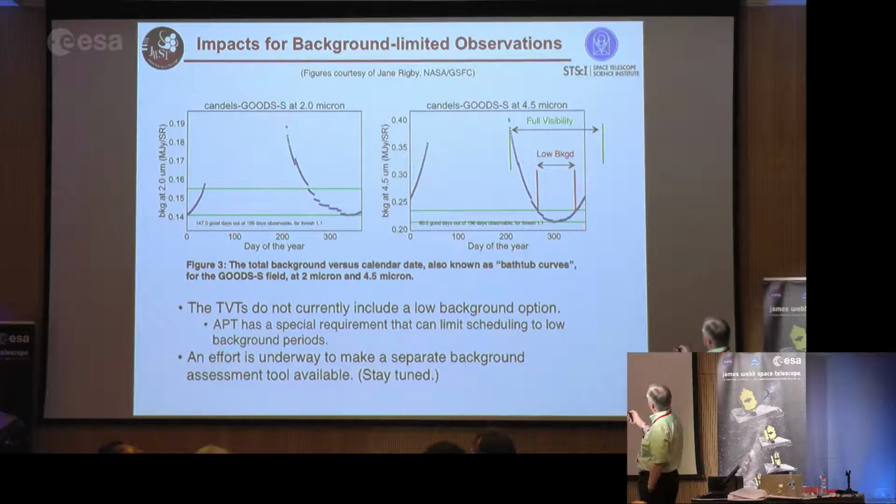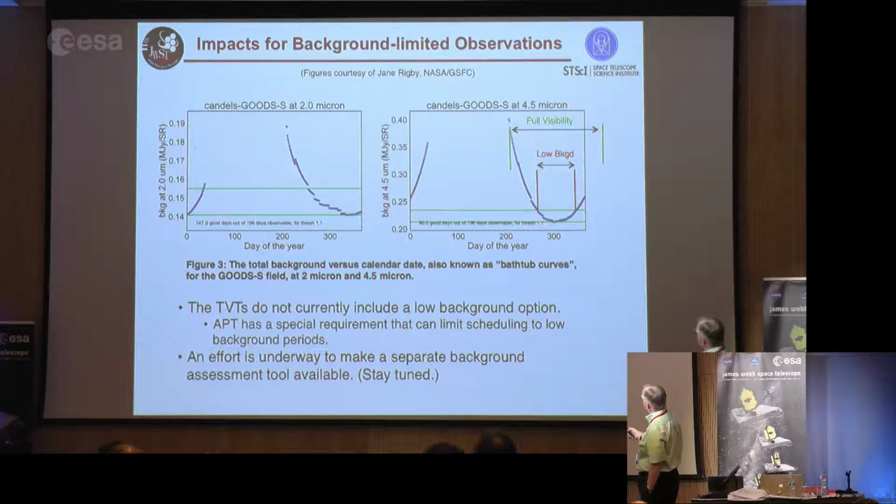So just as an example, here on the right-hand side, we're looking at 4.5 microns. This particular target, the full visibility window here, which is the entire bowl shape, you can see it just wraps around for the year here. That entire visibility window is what the target visibility tool is giving you.